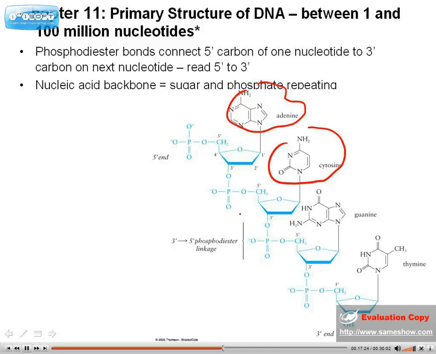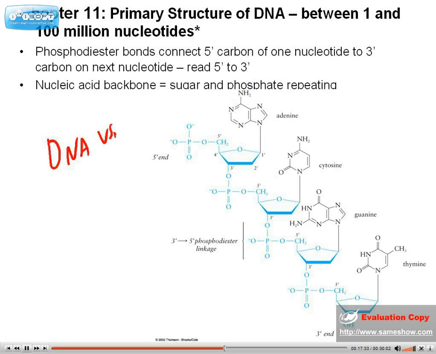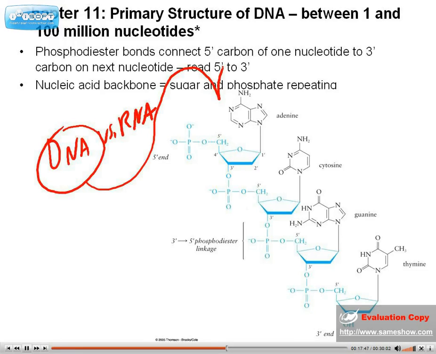Now I'm going to talk about the difference between DNA versus RNA, since you're going to be asked to write DNA or RNA strands. In this example right here, this is a DNA strand. Now, one big difference between DNA and RNA is on the ribose.